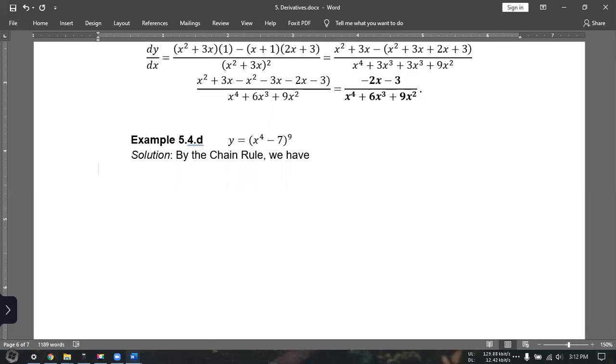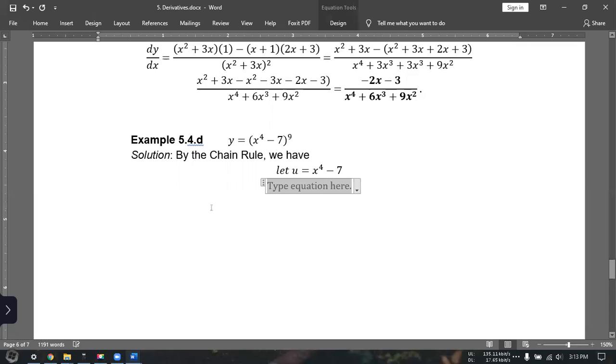From there, we'll use a variable. We'll let u be the base, x to the fourth minus 7. Let u equal x to the fourth minus 7, so that the derivative of u is 4x cubed.